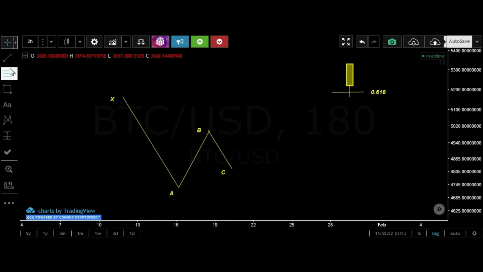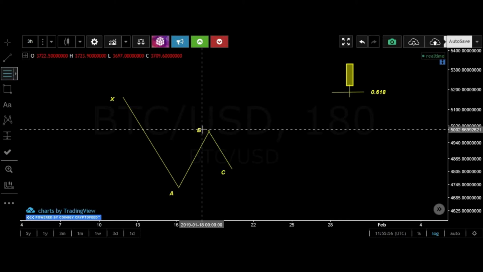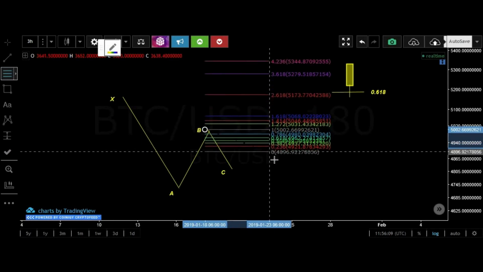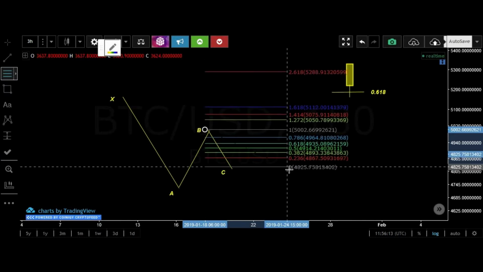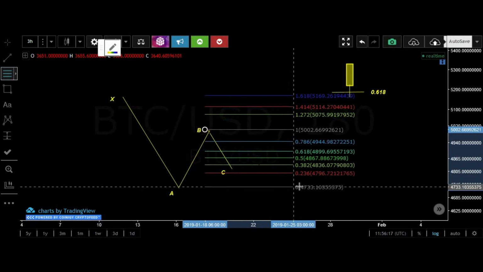And for the last leg, which is the D leg, we'll now have to do with the extension ratios, which are the 1.618 down to 1.272. So from here, B leg down to the C leg, you can even see some wicks maybe from this place down to this place, but it must not get to the A leg.